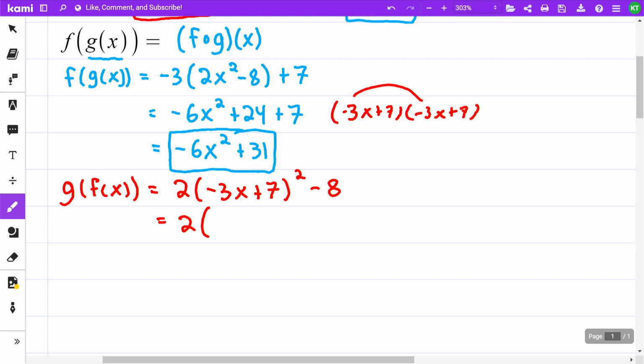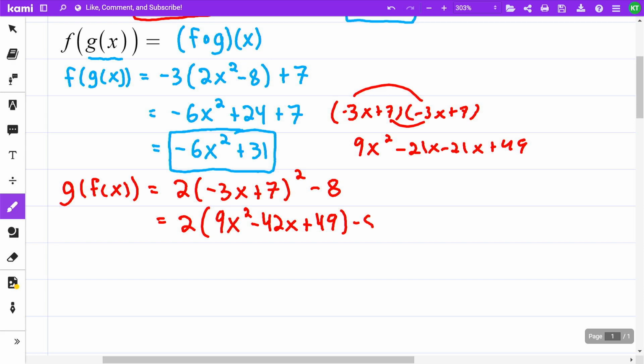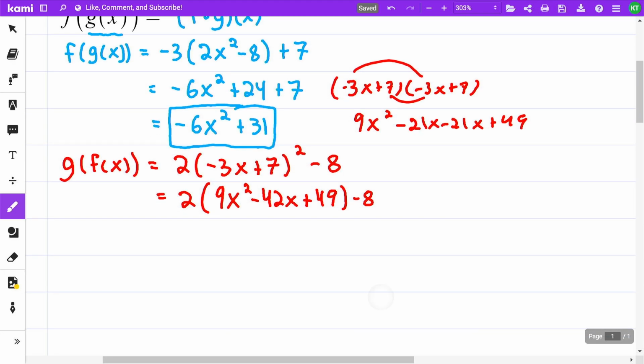So that would give me 9x squared minus 21x minus 21x plus 49. So combining all the like terms in the middle, that would be 9x squared minus 42x plus 49 minus 8. And then to wrap things up, I would then distribute next.